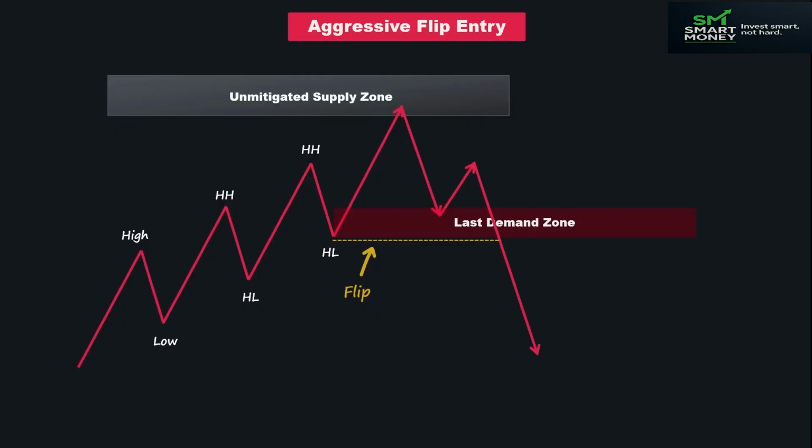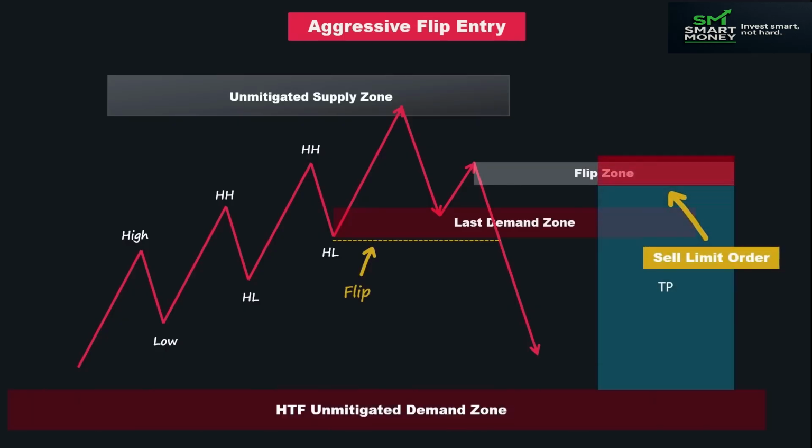Once we have correctly identified the flip pattern, the next step is to enter the market using the aggressive entry method. In this approach, we highlight the flip zone created by the price action, which marks the area of interest. We then place a sell limit order at the lowest point of the flip zone and wait for the price to trigger our order.